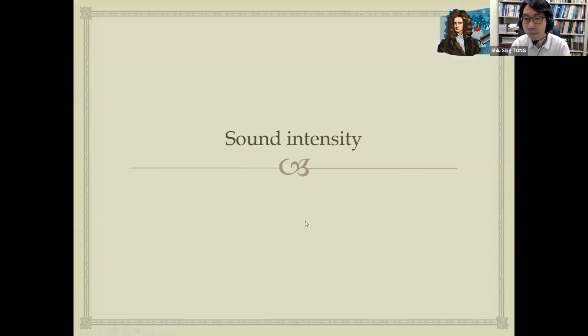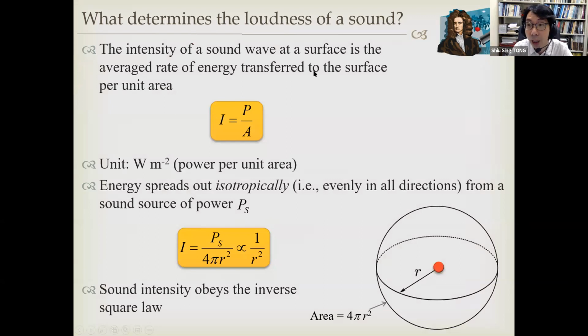Now we can also talk a little bit about sound intensity. The intensity of a sound wave determines its loudness, and the intensity is equal to the power per unit area.